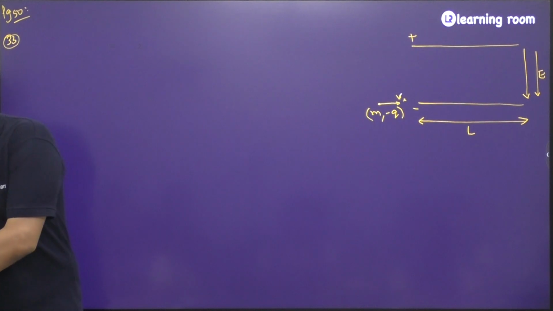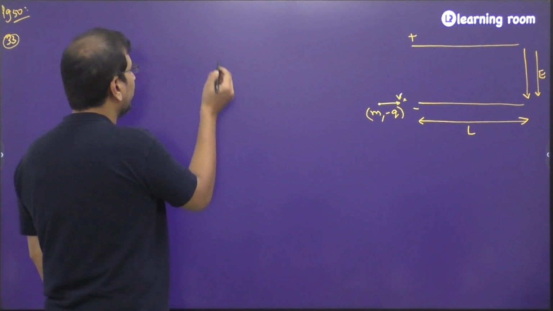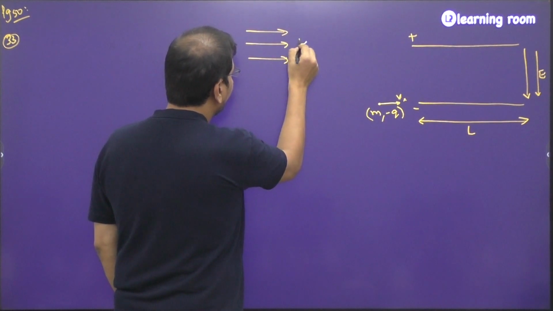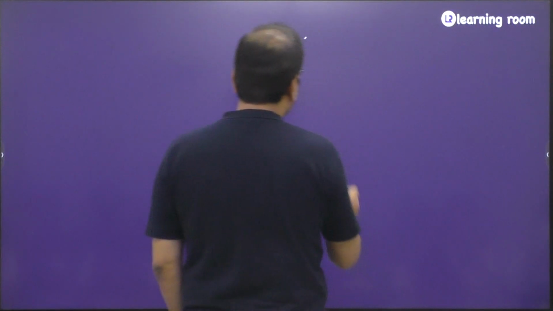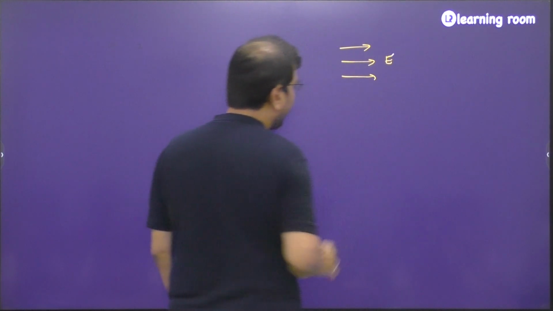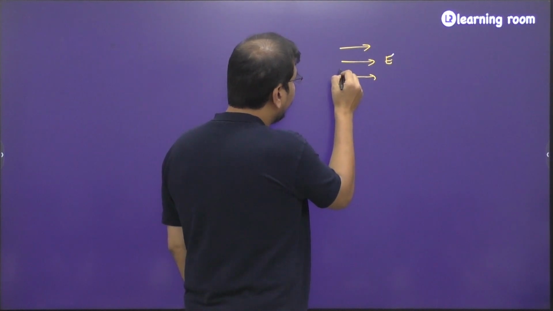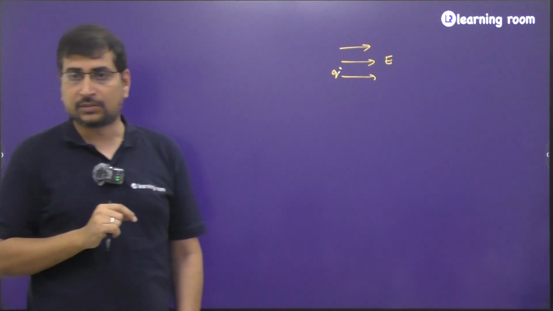So listen to this very carefully, okay? I just want to tell you something important. If I have the electric field present in this way, okay, I'll use another slide. See, if I have electric field present in this way, there are different possibilities. If you place a charged particle in electric field, what do I mean by place?